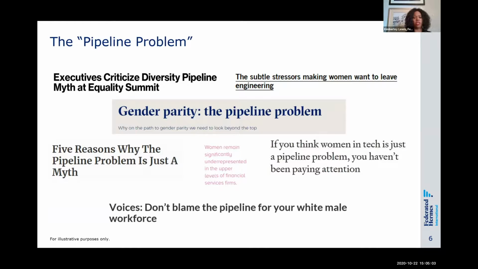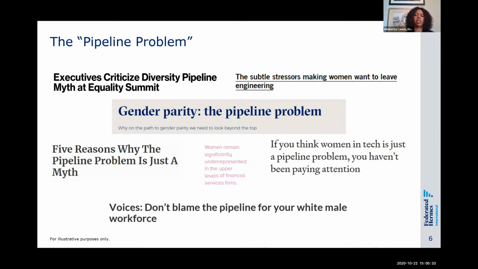So another thing I wanted to talk about that's been in the news quite a lot is the pipeline problem. There have been some high-profile instances of chief executives in various sectors making statements that their diversity challenges in their workforce are a result of a lack of talent, whether it's a lack of eligible women or ethnic minorities.